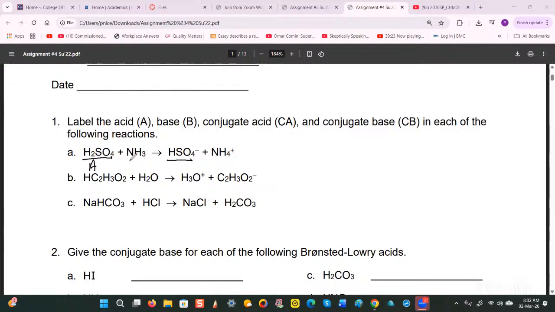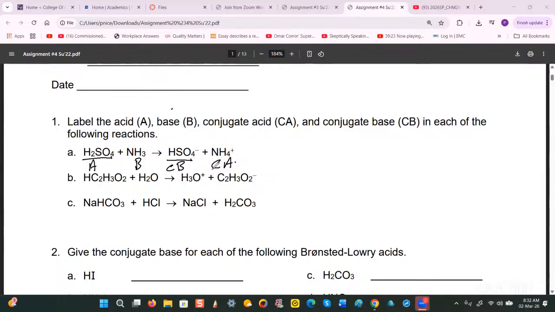So this would be the base, all right? So on the other side of the equation is where you'll have what is known as the conjugate base. The conjugate base is what is formed when the acid loses a hydrogen ion. So the HSO4 minus would be the conjugate base, right? While the NH4 plus, which results from the ammonia gaining a hydrogen ion, would be the conjugate acid, and that's it, all right?